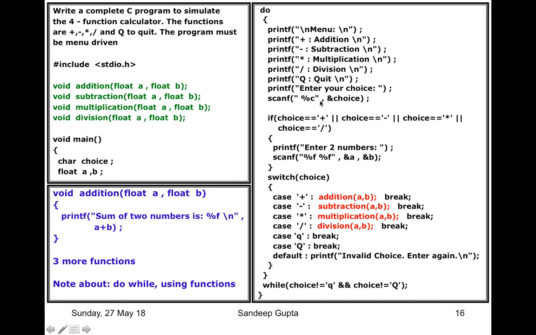I repeat, at least once. It is quite possible that a user gives the option Q in the very first execution of the do while loop. But still, we should display the menu at least once. And remember, we had studied that whenever we want to do any work at least once, we should use a do while loop, not a while loop, because a do while loop executes at least once.